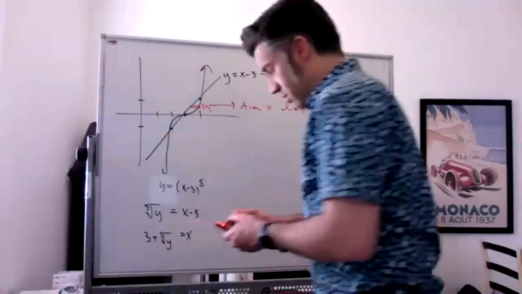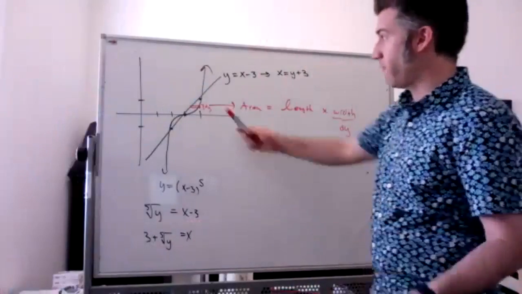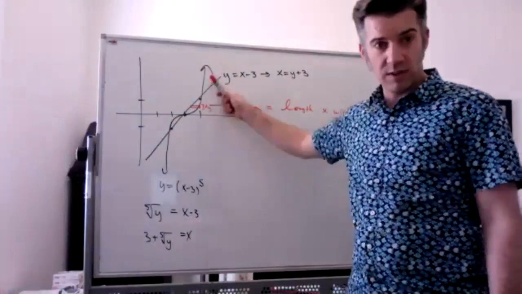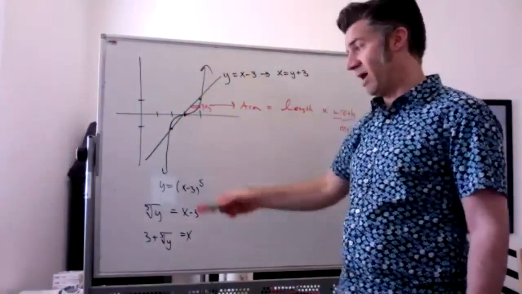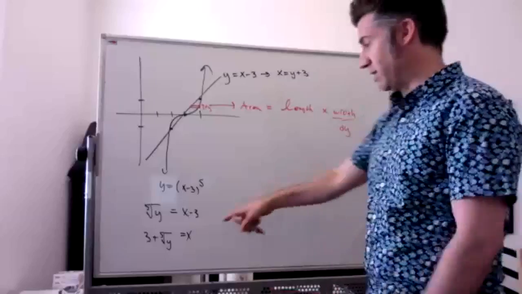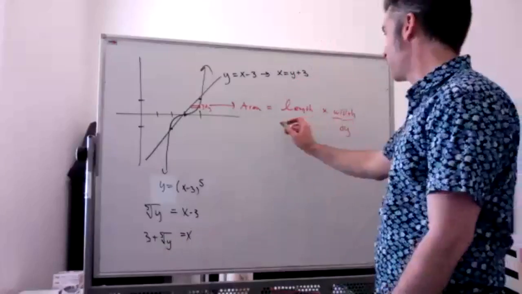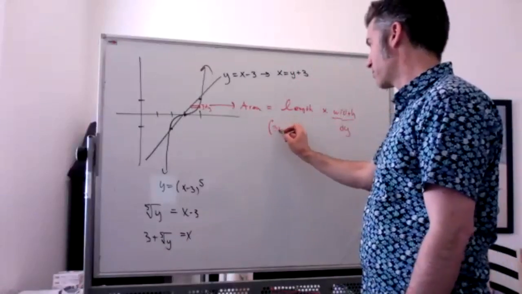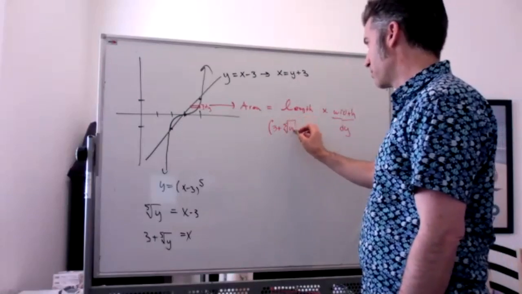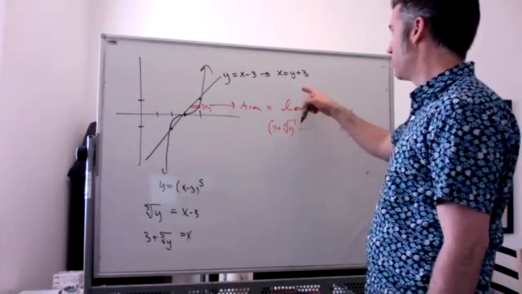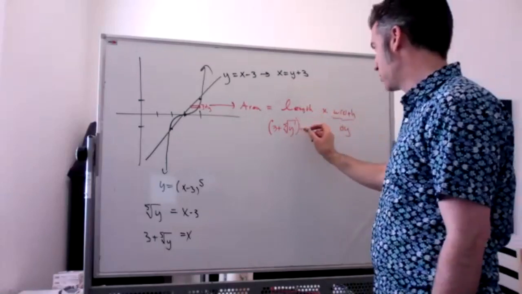So the length of that curve is the right function, x equals 3 plus the 5th root of y, minus x equals y plus 3.